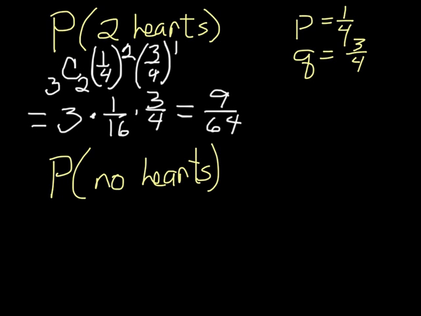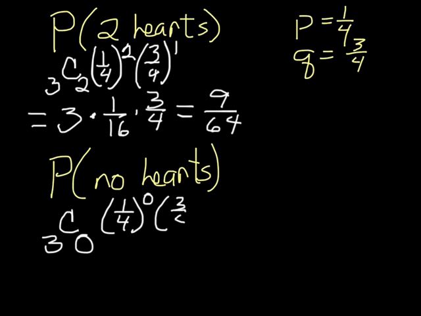What's the probability of getting no hearts? Well, that'll be a combination of 3 choose 0, 1/4, the probability of success, to the 0 power, and then 3/4, the probability of failure, to the third power, since no hearts is a failure. And how's that worked out?